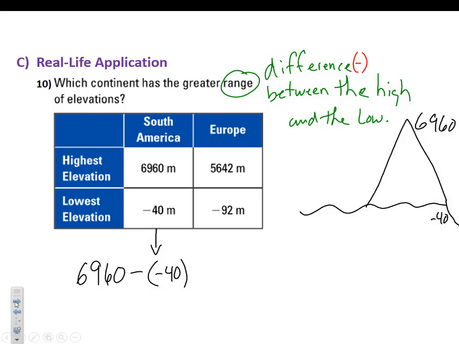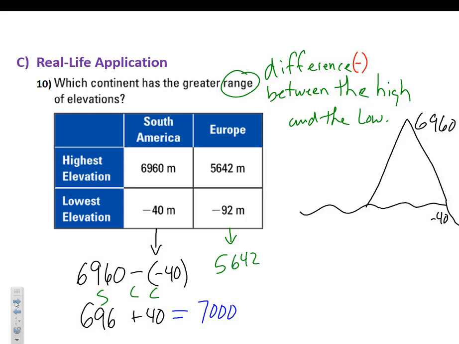So now we're going to use our rules, same change, because we're subtracting, and we get 6,960 plus 40. We add those together. They're the same signs, same sign, add and keep, and we get 7,000 for the range of South America. Then we're going to go to Europe. And in Europe, we have 5,642 minus a negative 92.